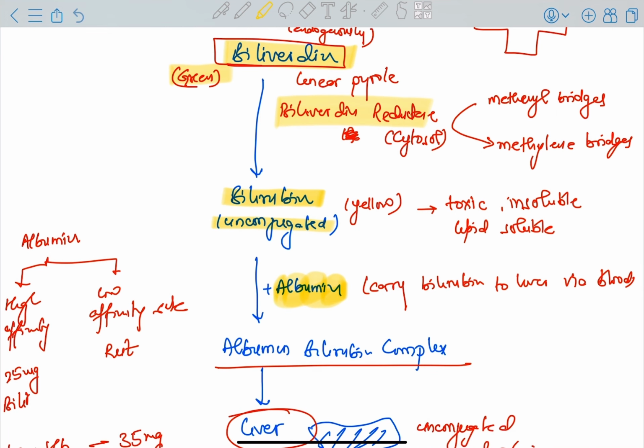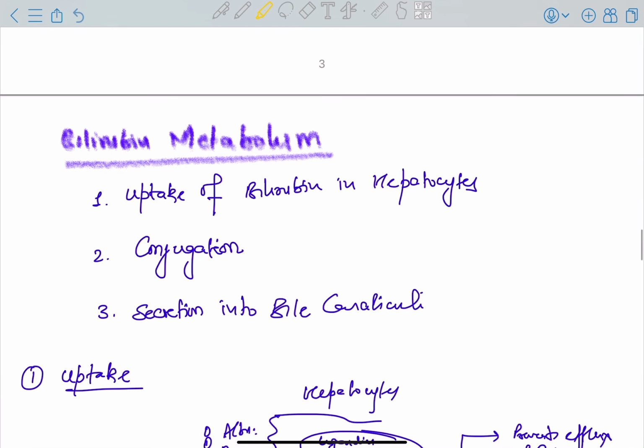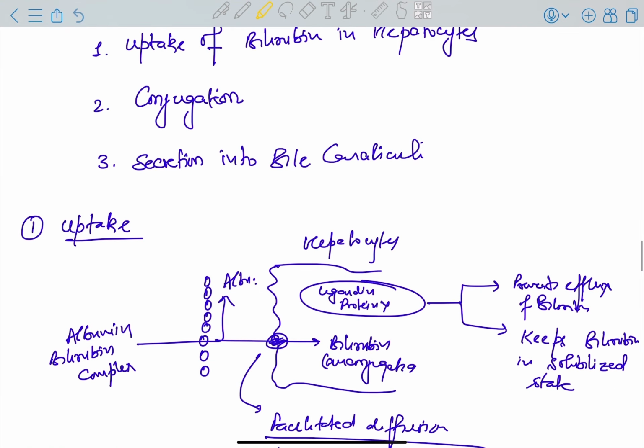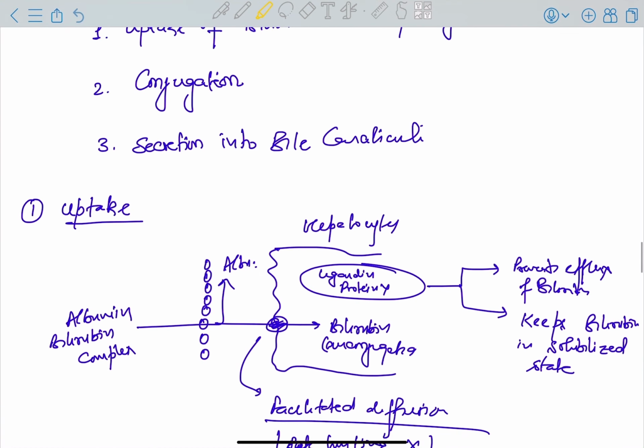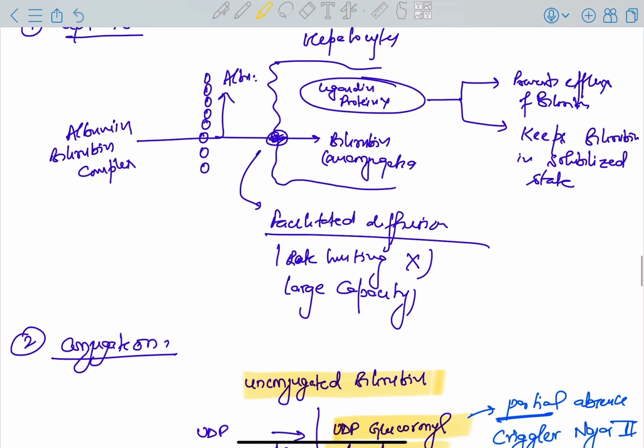Albumin helps in the transport of bilirubin to liver. Albumin-bilirubin complex बनता है and it is transported to liver. Now, bilirubin metabolism in the liver: uptake by the hepatocytes, conjugation, and then secreted into the bile. In the uptake, the albumin is released and the bilirubin enters with the help of facilitated diffusion, which is not rate limiting, जितना आएगा उतना जाएगा अंदर. इसमें दो proteins होती हैं, ligandin and protein Y, which prevent the efflux of bilirubin and keep the bilirubin in solubilized state.